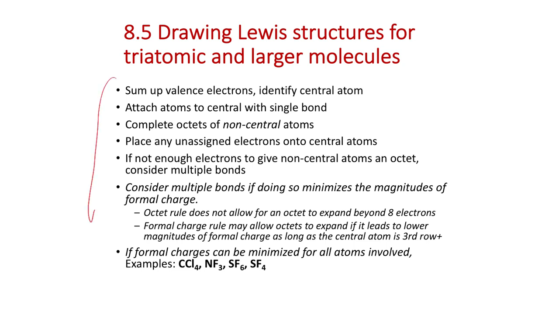The first task is what we've already been doing: summing up our valence electrons, identifying the central atom, and starting to connect things to that central atom, and thinking about how we want to distribute charge. We start with single bonds first. We try to think about outer atom octets first, and then we shift towards either the octet or the charge of that central atom, and think about how multiple bonding might be needed for that central atom.